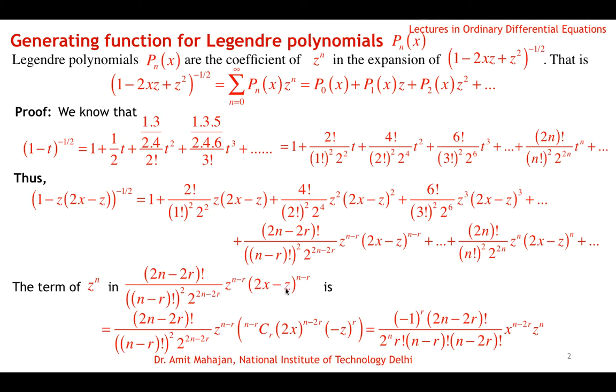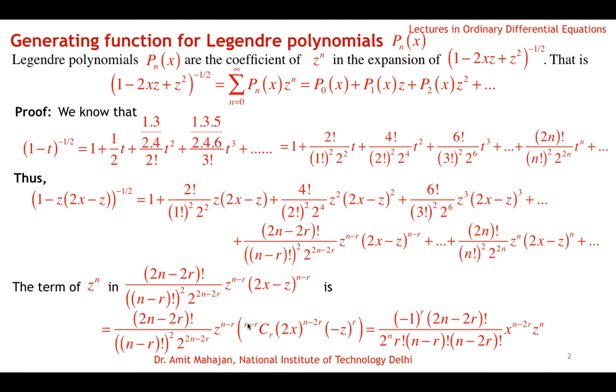If we expand this, then only this term from here will make this product z power n. It is n minus r Cr, so that we have minus z power r and 2x power n minus r, so n minus 2r. So it is minus 1 power r, which is here. This term is already there. Z power r and z power n minus r will make it z power n, x power n minus r, which is this term.